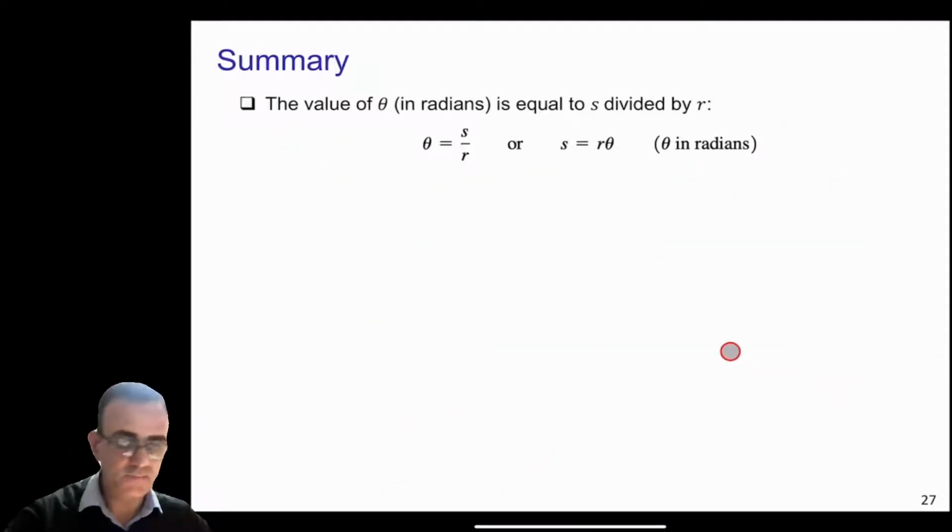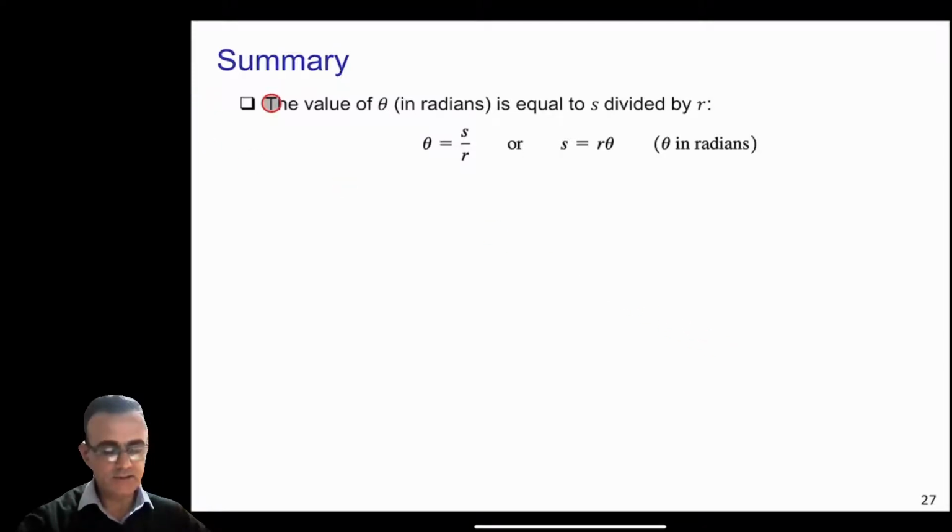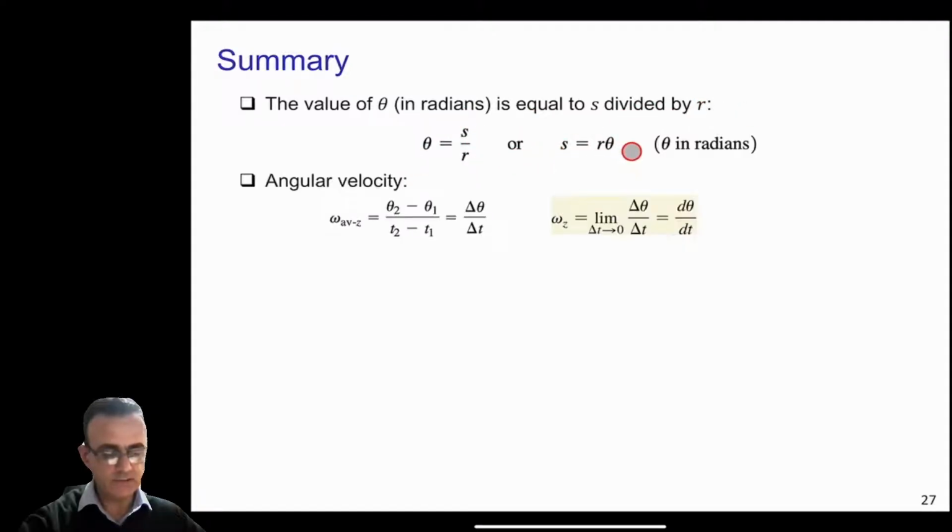So if we summarize today's lecture, today we discussed angular motion. The value of theta in radians is equal to s divided by r, so theta equals s by r, or s equals r theta. The average angular velocity is delta theta divided by delta t, and the instantaneous angular velocity is d theta divided by dt.